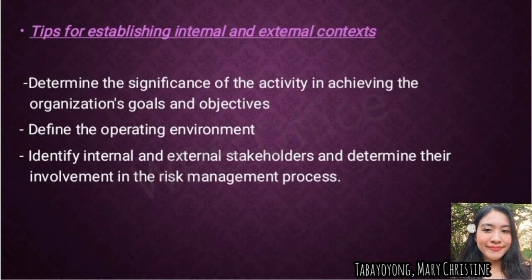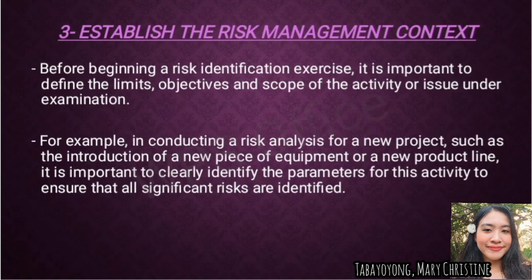These tips are important because the ability to explain the organization's context aids a company in correctly aligning its risk management strategy with its overall risk appetite and tolerance in order to obtain a competitive advantage without jeopardizing business continuity.